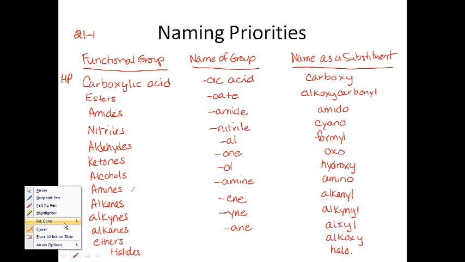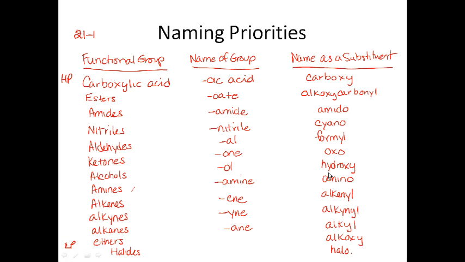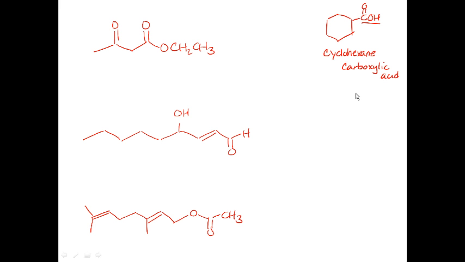So some of these we actually will use: when a ketone is a substituent, it's called an oxo group. When an amine is a substituent, it's called an amino group. When an amide is a substituent, it's called an amido group. Or for the esters, we would have an alkoxycarbonyl group. Some of these we will deal with, some of them we won't. But here's some examples.